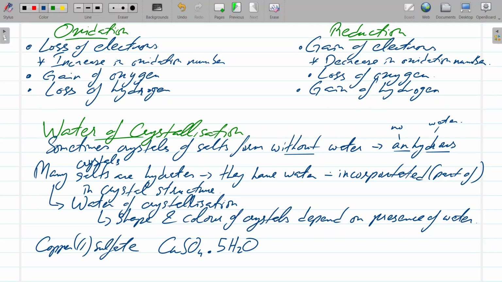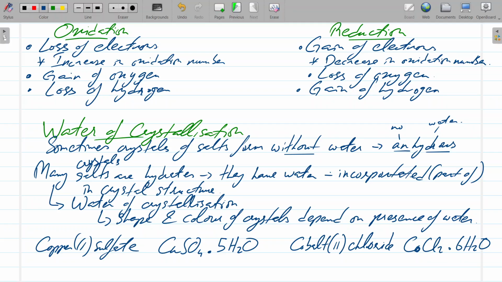And if you have cobalt 2 chloride, it looks like this. It is CoCl2 dot 6H2O. So this one takes 6 water molecules in its crystals. So it's specific.